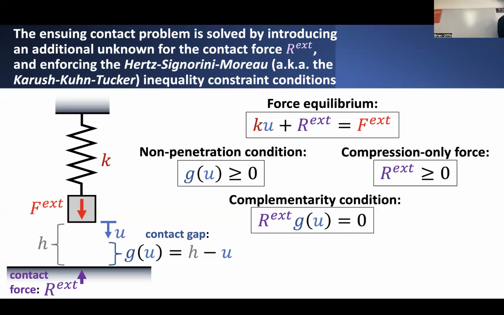But if somehow the gap were to close, we want this reaction force to become a positive value. And it only makes sense for this reaction force to be positive if the block actually comes down into contact with the surface. So in other words, if this reaction force has a positive value, it implies that there's some kind of compressive reaction force that's preventing the block from moving further downwards.